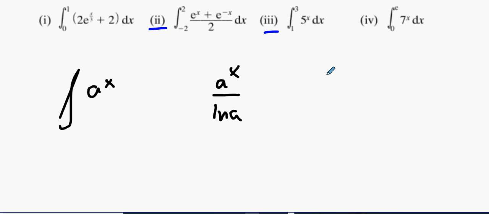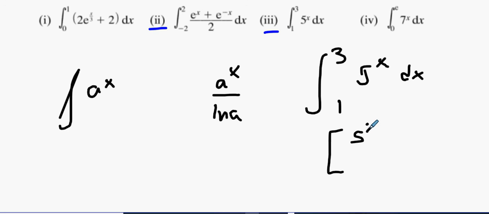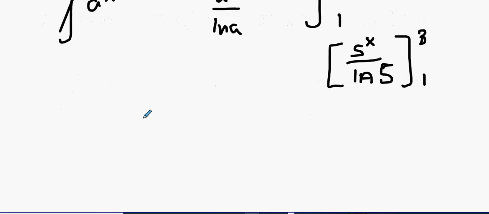So, therefore, what's the integral of 5 to the power of x? 5 to the power of x over ln 5 from 3 to 1. And what do we get here then?